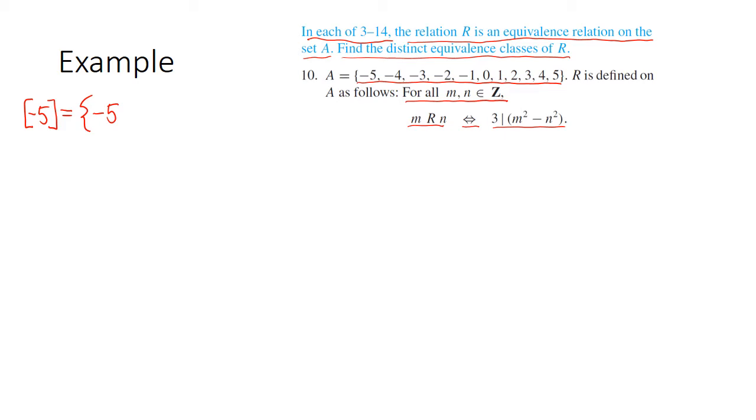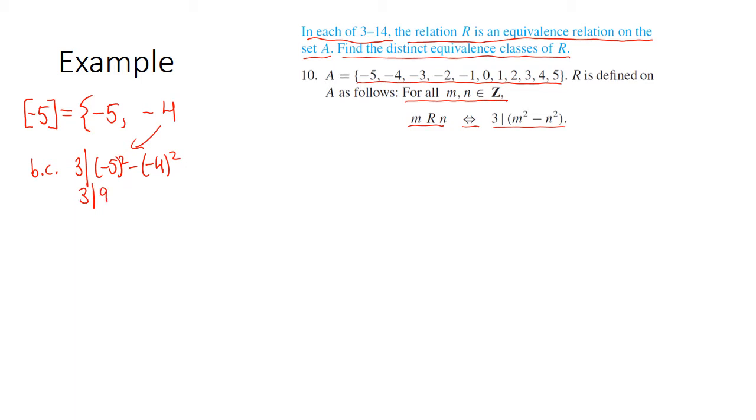So let's figure out what else would be related to -5. I think -4 will also be in there, and just to justify that, 3 does divide -5 squared minus -4 squared, because that would be 25 minus 16, which is 9.